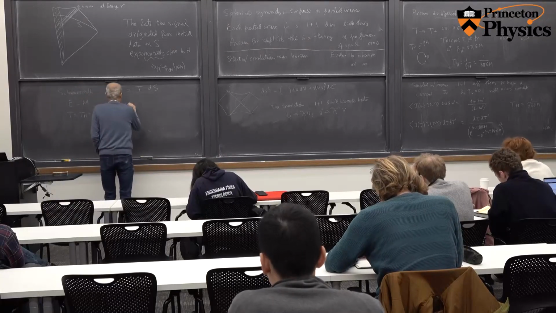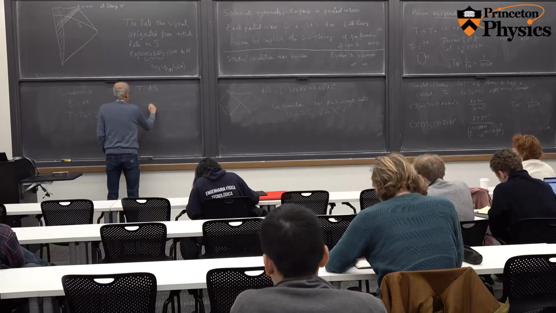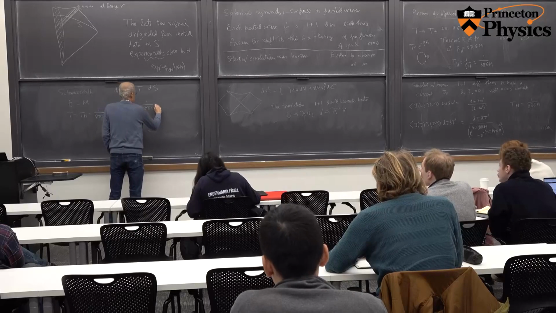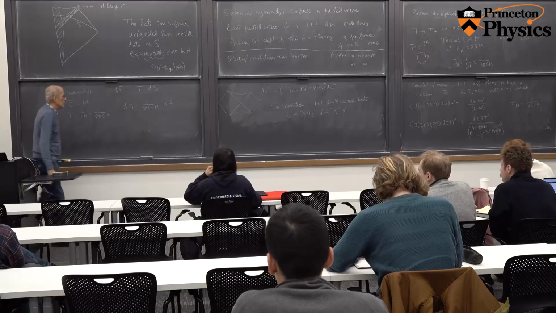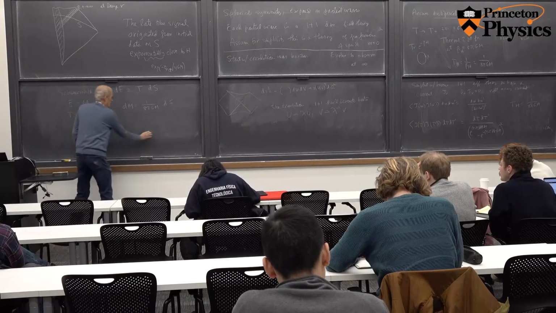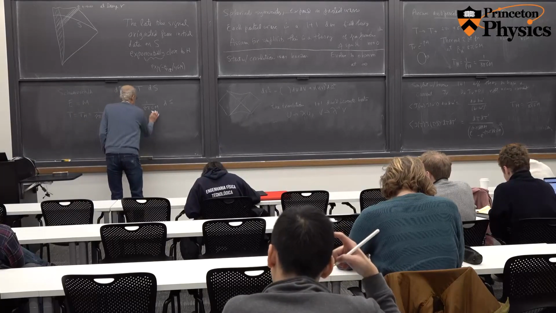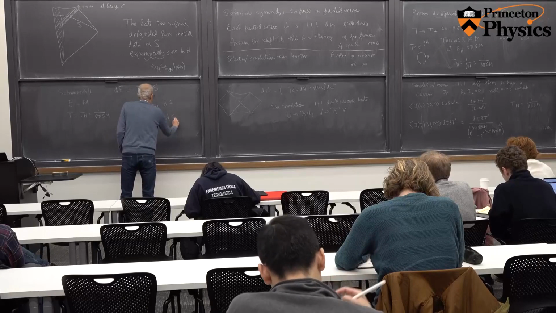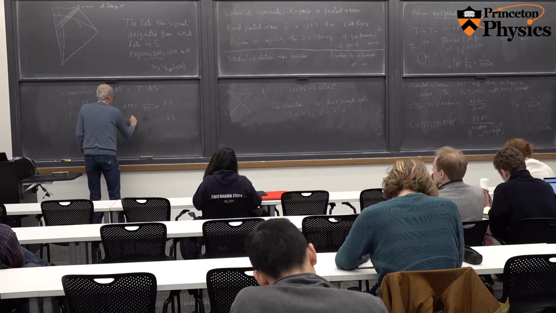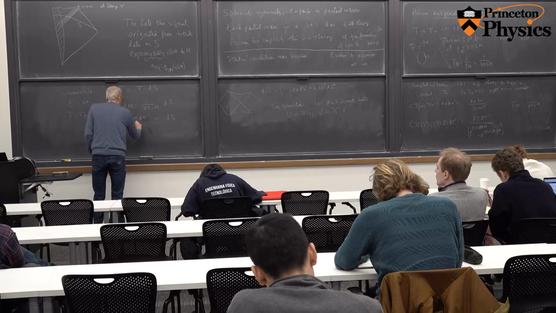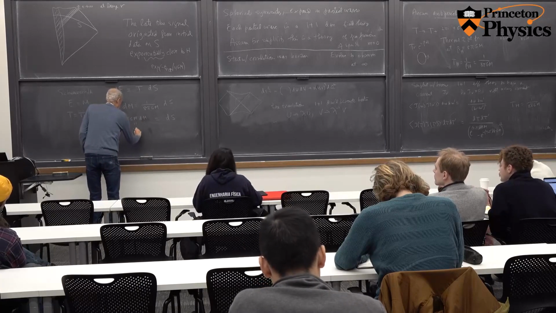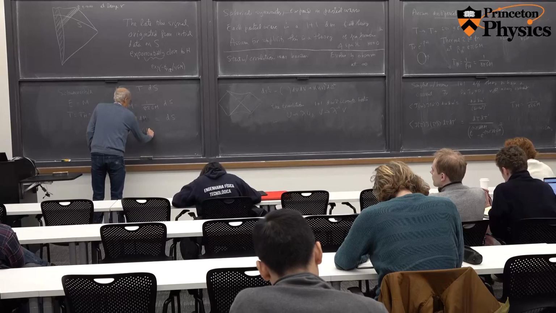So dM is 1 over 8 pi GM times dS. I really hope the factors of 2 are going to work when we do this. I think when I made my notes the other day, I wasn't careful enough. So dS is 8 pi GM dM, and that is d of 4 pi GM squared.